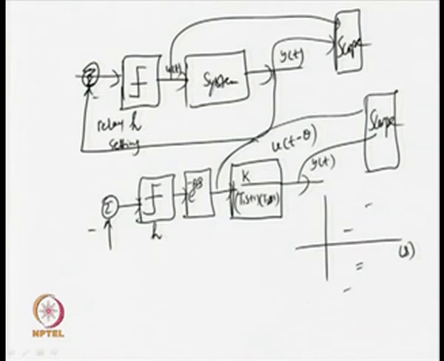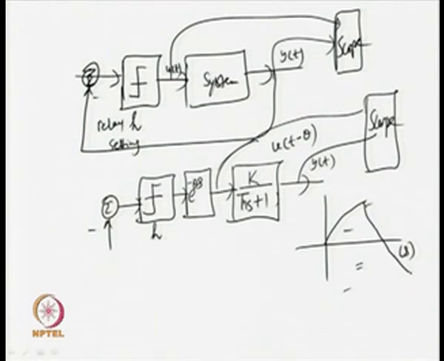Then for a first order system, what sort of input and output signals will you expect? For a first order system, this will have K upon T1 s plus 1. So, if the output is like this, exponential like this, the input is going to be of the form like this.